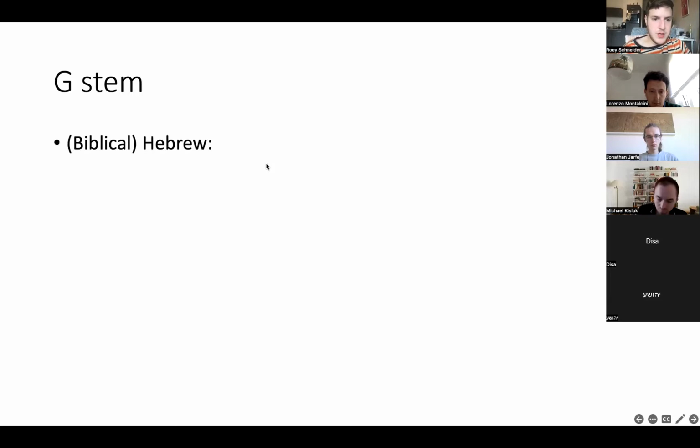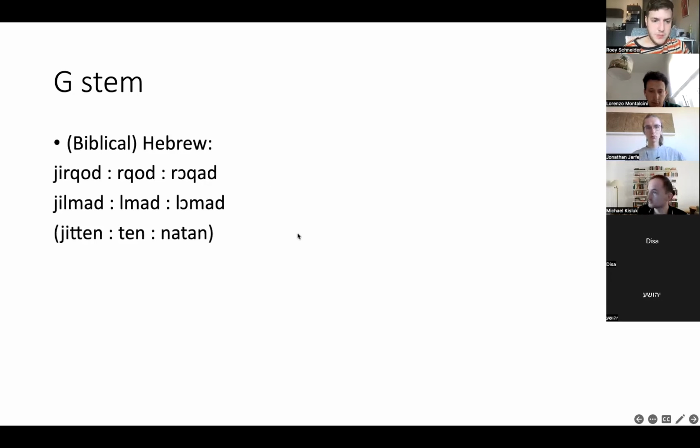Okay. So in Hebrew, we don't really have the EE group or the E group. Only in very, very rare verbs like natan, to give, yiten, ten. But the regular 2 groups that we have retained are yirkod, rakod, rakad, ilmad, lemad, lamad.